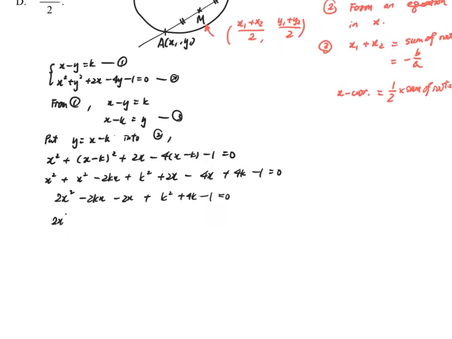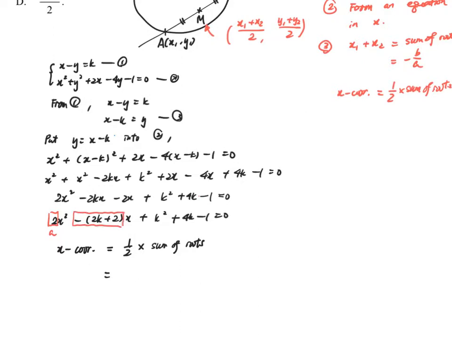Then we group the coefficients of x by taking out minus and x. Lastly, we use the formula 1/2 times sum of roots to find the answer. From the quadratic equation, we know a is 2, b is negative 2k plus 2.